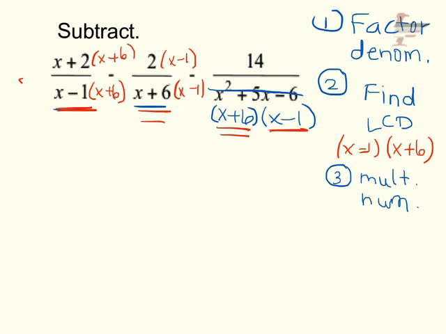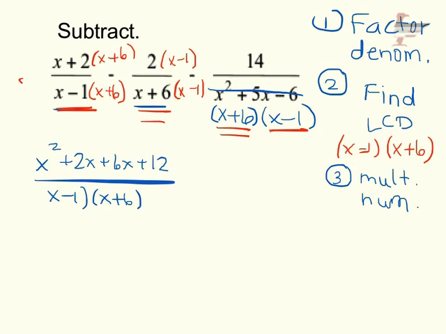Now I'm going to simplify this so it doesn't look like such a mess. I have x plus 2 times x plus 6, so I'm going to FOIL this out. I'm going to get x squared plus 2x plus 6x plus 12 all over x minus 1 and x plus 6.